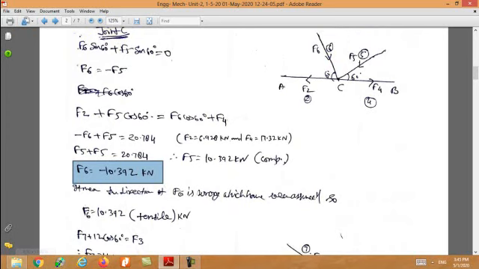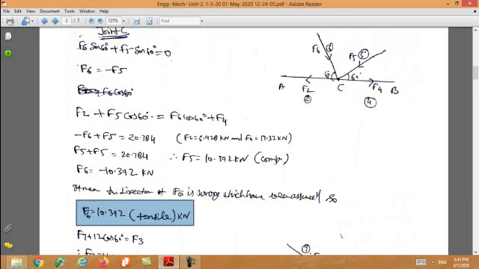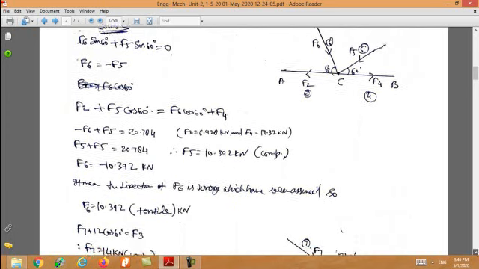So what is correct? The correct one is tensile. So the direction of F6 will be changed, and in the next diagram you can see the direction as tensile.